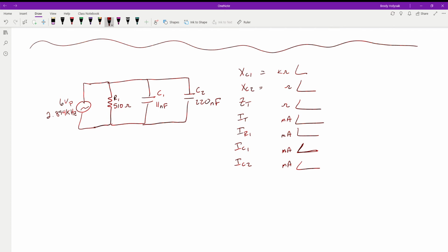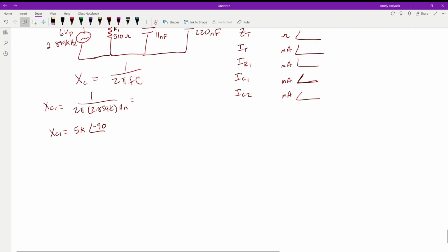Okay, same process that we're going to go through. Remember, capacitive reactance is equal to 1 over 2 pi times the frequency and its capacitance value. So X of C1 is 1 over 2 pi times 2.894K times 11 nano. So X of C1 is equal to 5K at negative 90.